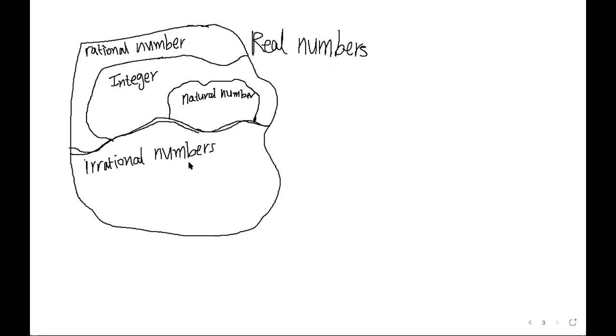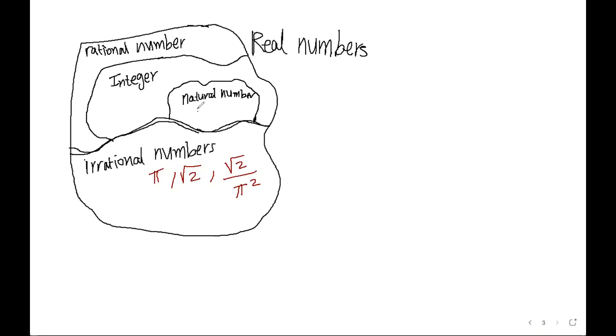So look, I want to give examples here on the side. For example, pi, or square root of 2, or, like I said before, square root of 2 divided by pi squared. These are examples of irrational numbers.